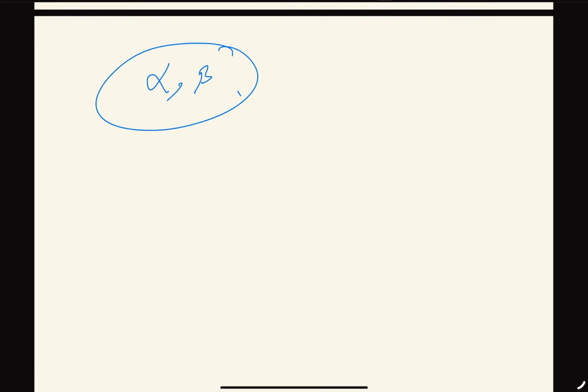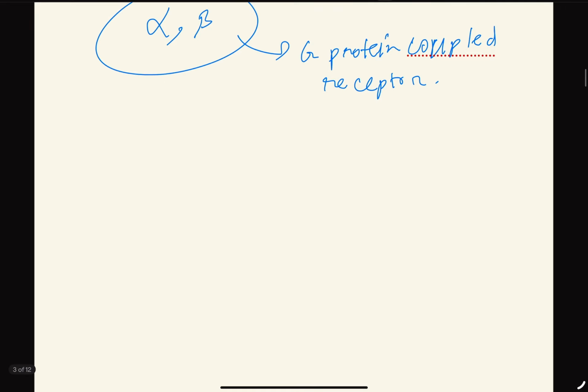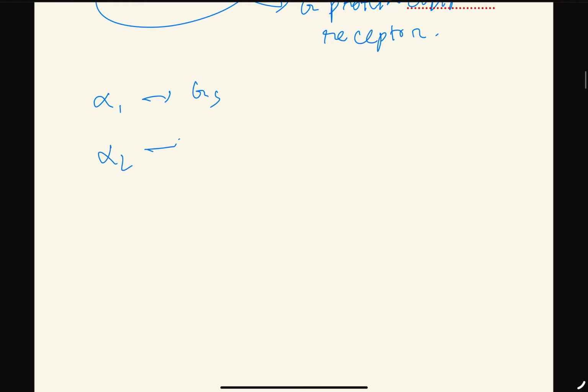Alpha and beta both are G protein coupled receptors. Among them, alpha 1 is GQ receptor, alpha 2 is GI receptor, beta 1 and beta 2 are GS receptor.